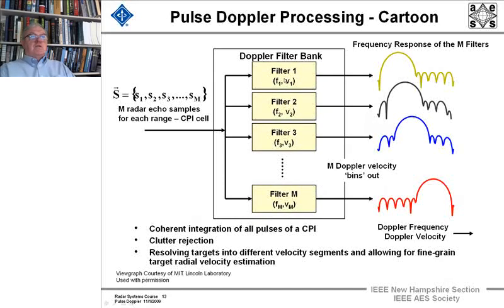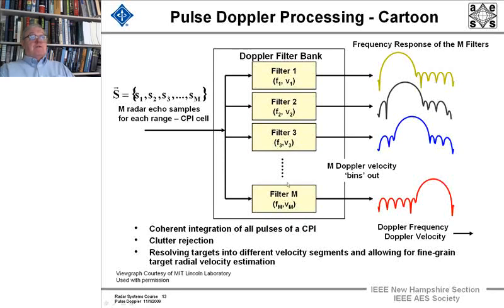Notice each filter is going to cover a certain passband that overlaps slightly, but clearly a target which had this Doppler velocity would not be seen in this one. These are log scales, and this would represent, say, 0 dB, and this would be 30 or 40 dB or so. So you can see these are log in the side lobes. This is in Doppler velocity, Doppler frequency. We're coherently integrating all the pulses in a CPI.